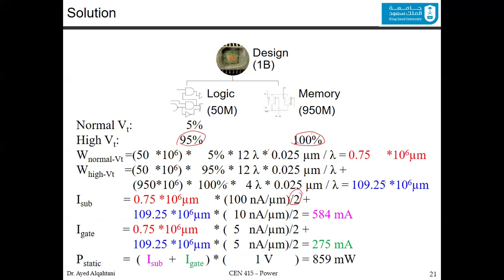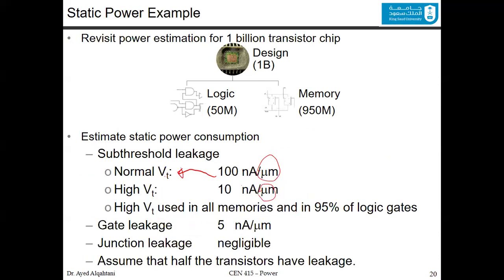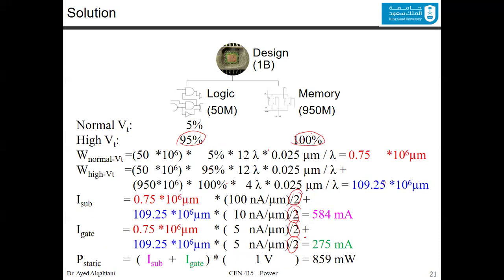Notice that for all these calculations, the subthreshold current and the gate current, all of them are divided by 2 because of the assumption that we just made, that half the transistors have the leakage. This is why we divide by 2.